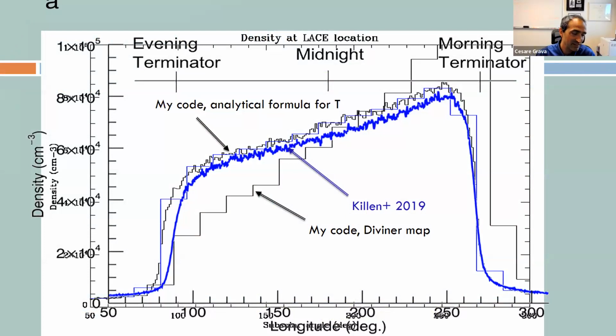This is interesting because this is a model that they were trying to use to explain the LADI and the LACE measurements of neon. But the interesting thing is that they could not match both, because LADI was seeing, I think, a coronal mass ejection, so enhanced densities, but LACE was not.